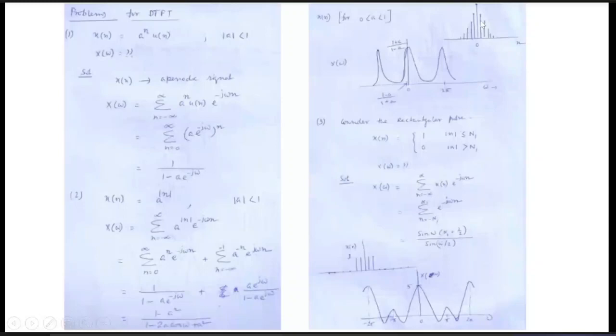We just go through this process, how they have calculated it. The thing to note is that the time domain signal is discrete, while the frequency domain is continuous.